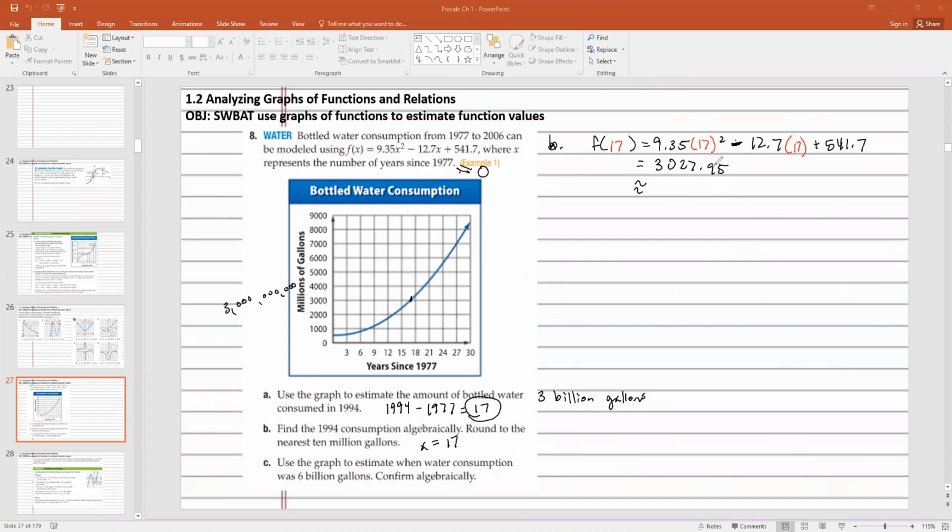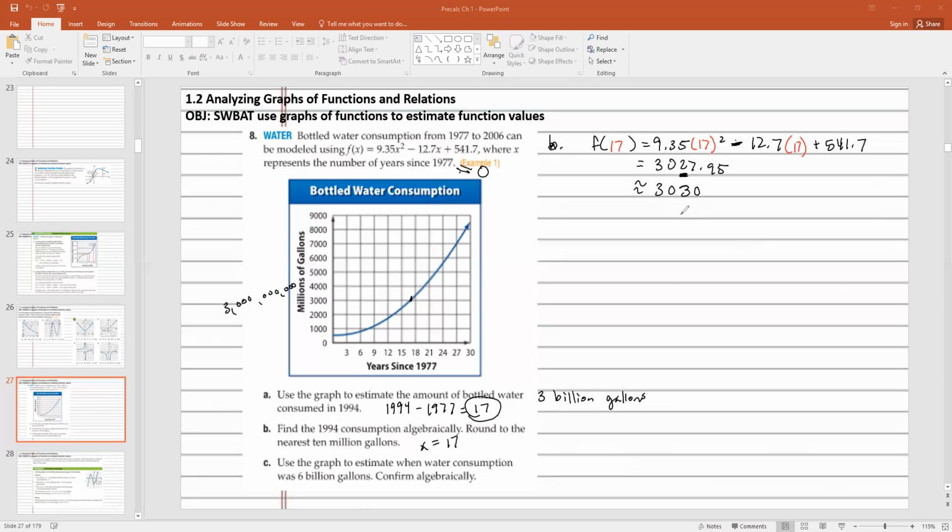Remember, we're rounding to the nearest 10 million. So we're rounding to this one, 10 million. Here it's going to be 3, 0. Then here, because that 7 is greater than 5, we are going to round that up to 3. All right, so 30 million gallons of water.